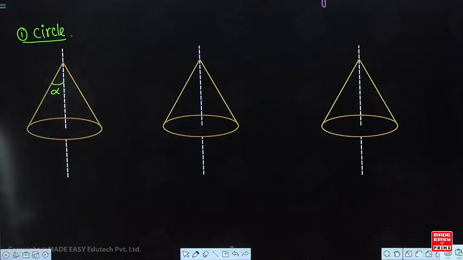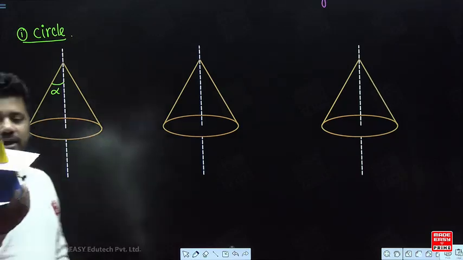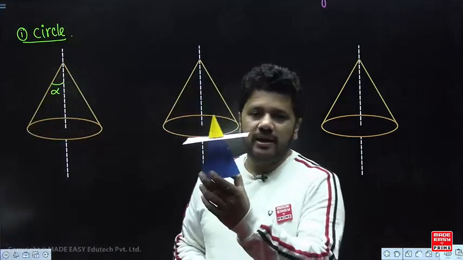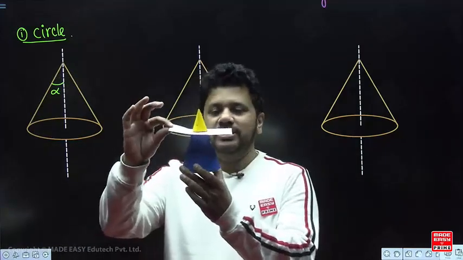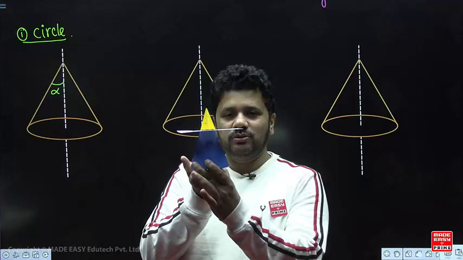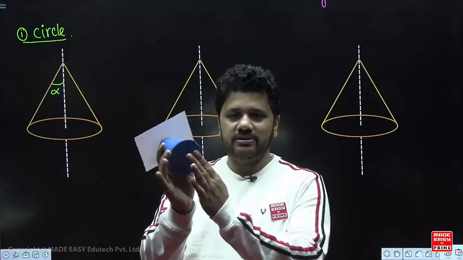Now to draw the circle, see very carefully. I hope everybody is able to understand and can visualize this figure. If I see, this is the cone and this is the cutting plane. This cutting plane is exactly parallel to the base of the cone, isn't it? This is the circular base of the cone.